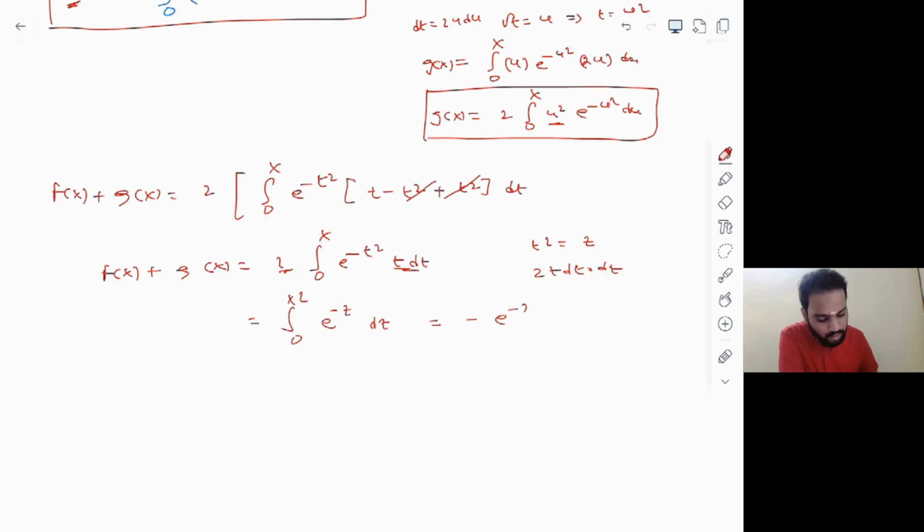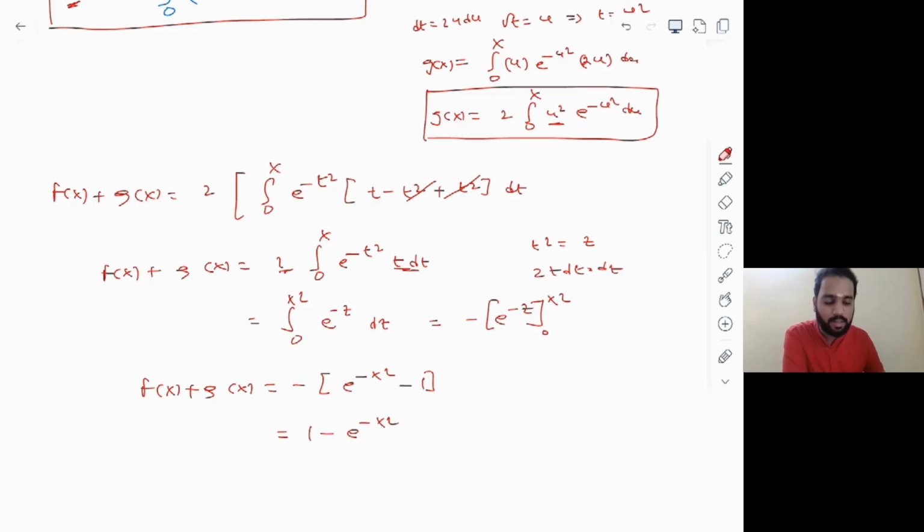You know how to integrate, minus e to the power of minus z, and finally up to x square. So if you substitute the limits, what we get is f of x plus g of x will be equal to minus of, when you substitute the upper limit, this will be e power minus x square minus e power 0 is 1. So which means your final value is 1 minus e to the power of minus x square.